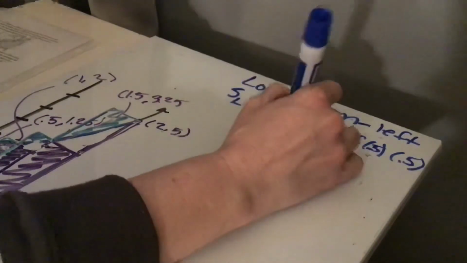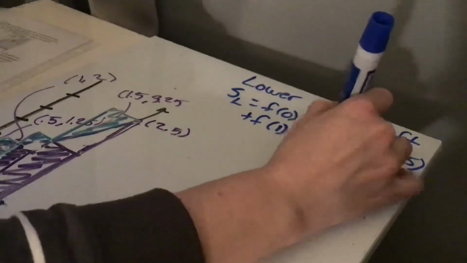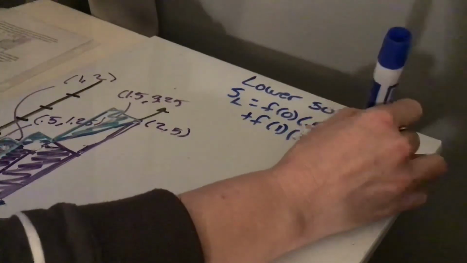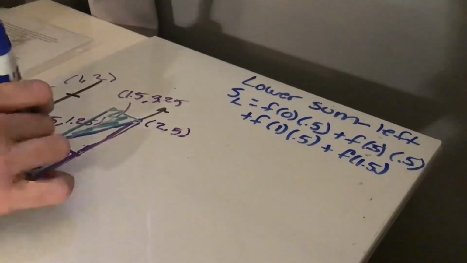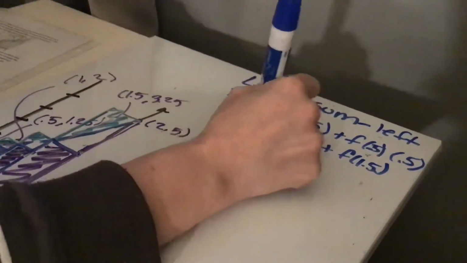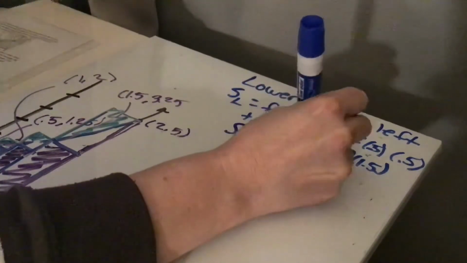Then the function at 1 times its width plus the fourth one would be the function evaluated at 1.5, because we're using those left-hand rectangles. So the lower sum ends up being 3.75.